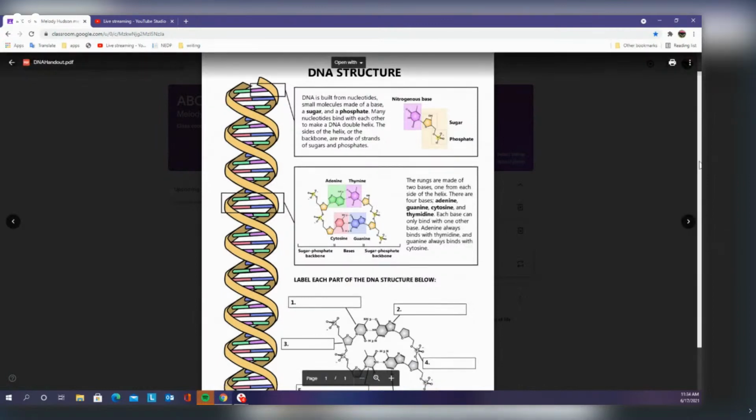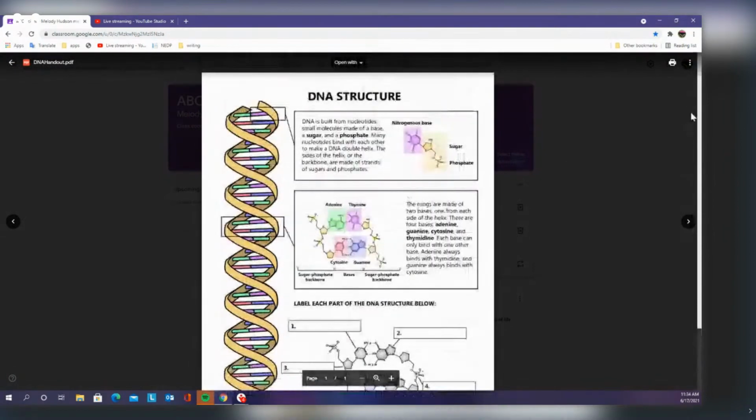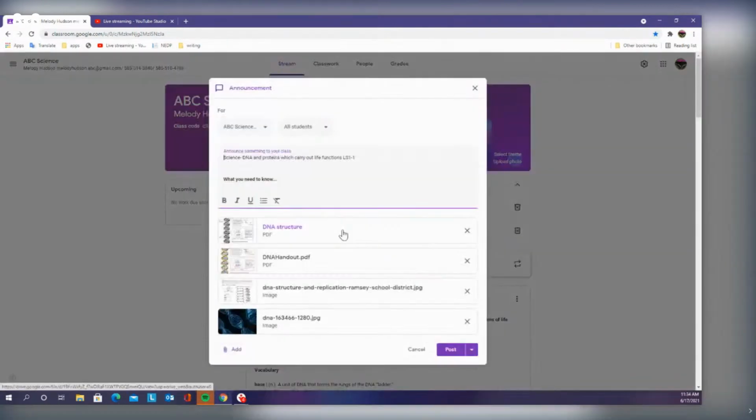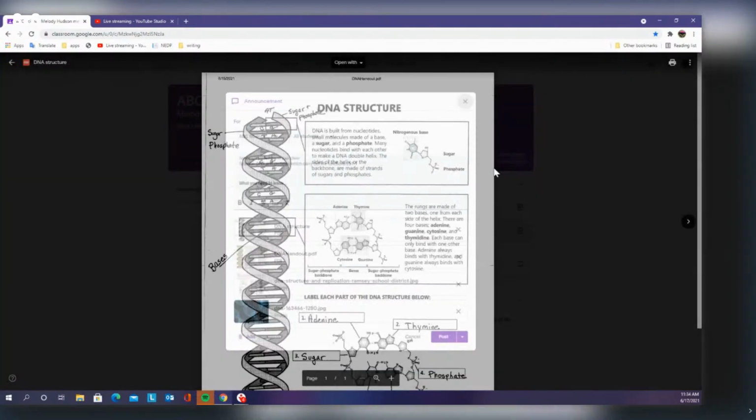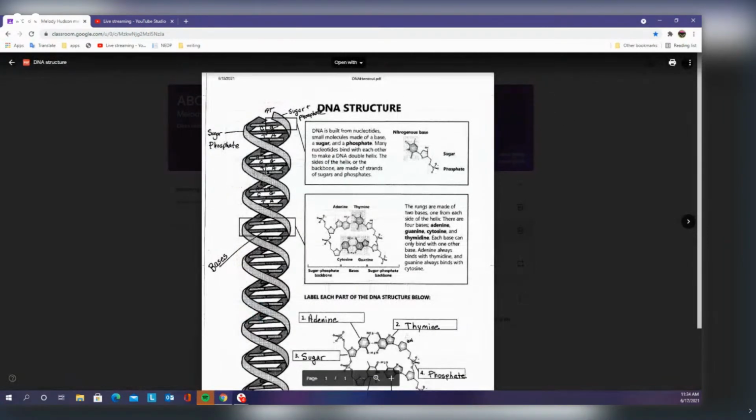So now, using the same map, I'm going to show you where I've written on it. Let's take a peek. What I've done is to label the parts, right? So we've got our sugar phosphate exterior that holds the bases in. And then we've got our bases in the middle. What do we have first?